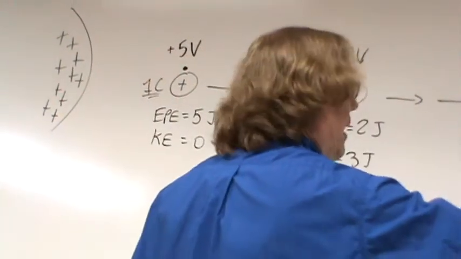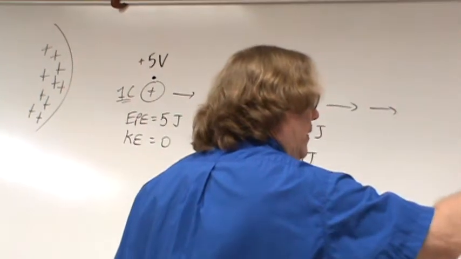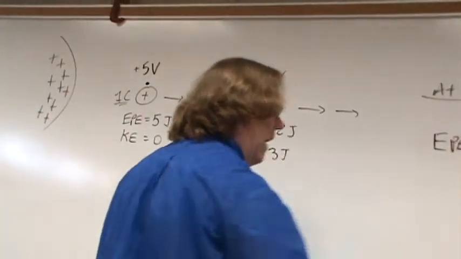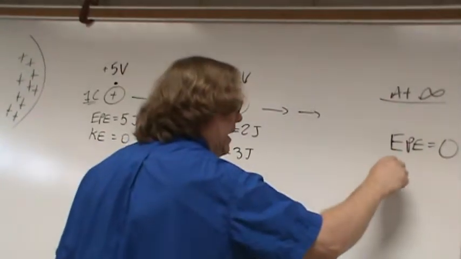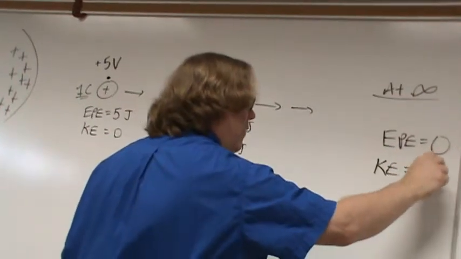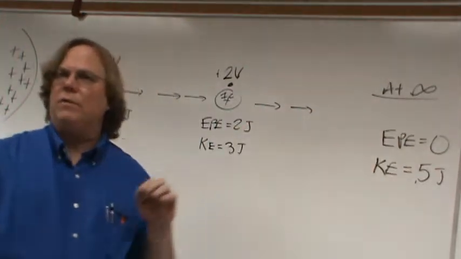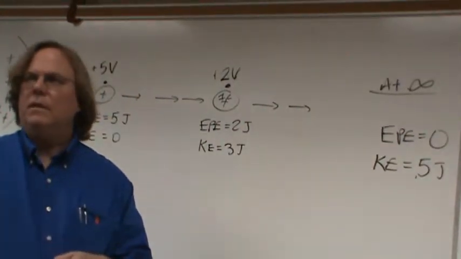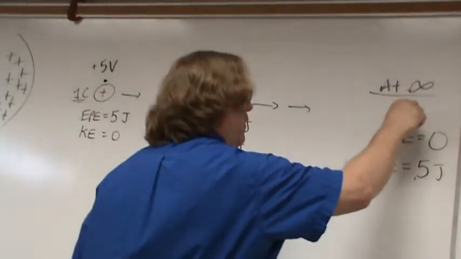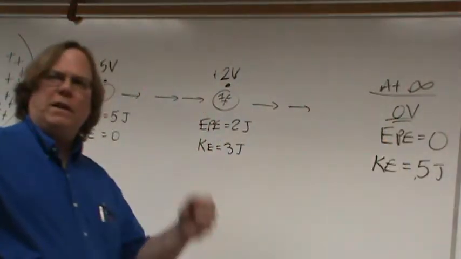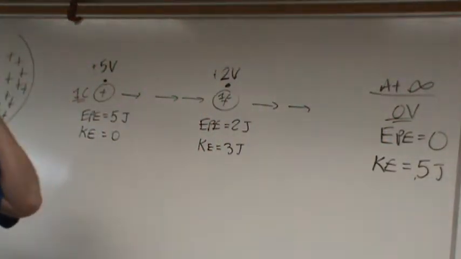Okay, so sure, at infinity, the electrical potential energy is defined as 0. So the kinetic energy by this point is going to be 5 joules. Okay, so when you're infinitely far away, what's the voltage? Yeah, 0. So by definition, when you're infinitely far away, you got 0 volts.